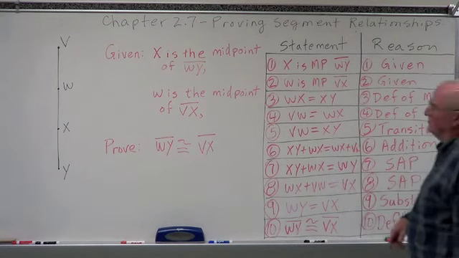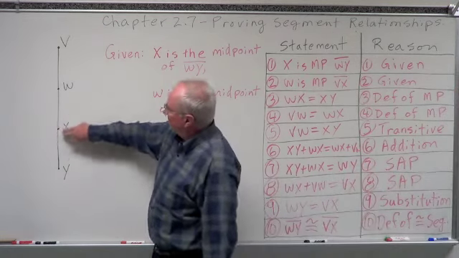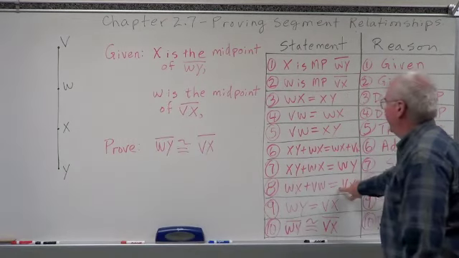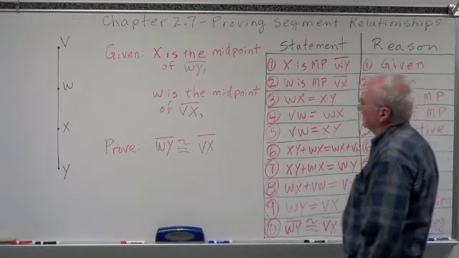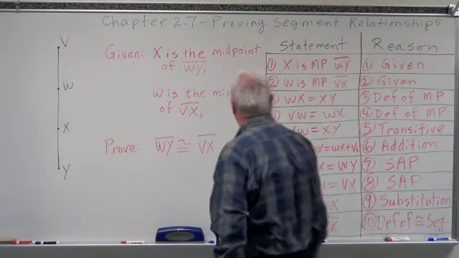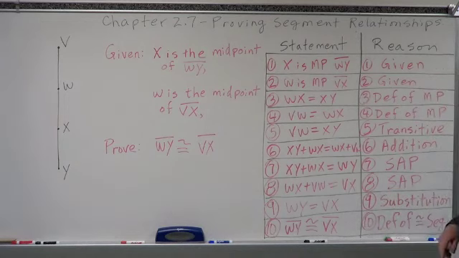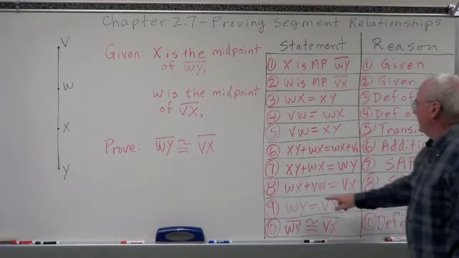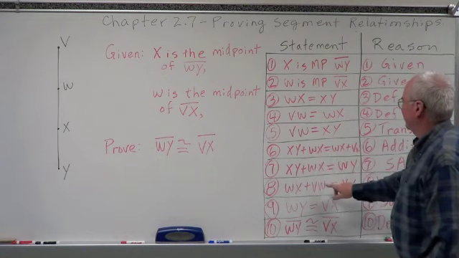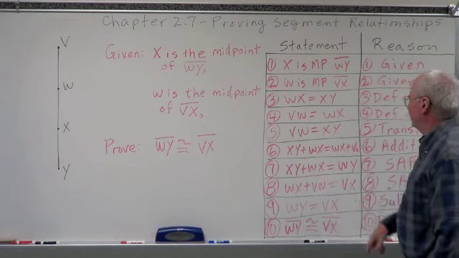Why? Segment addition postulate. This piece of the segment and this piece of the segment equal this piece. And by the same, right here, this piece plus this piece equals this piece. Segment addition postulate.